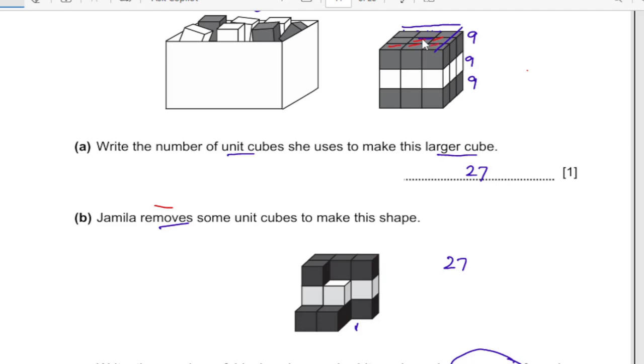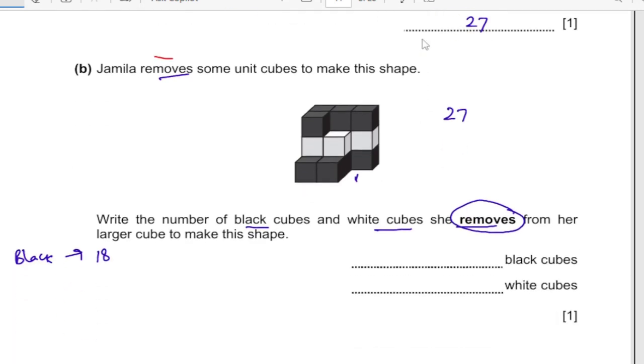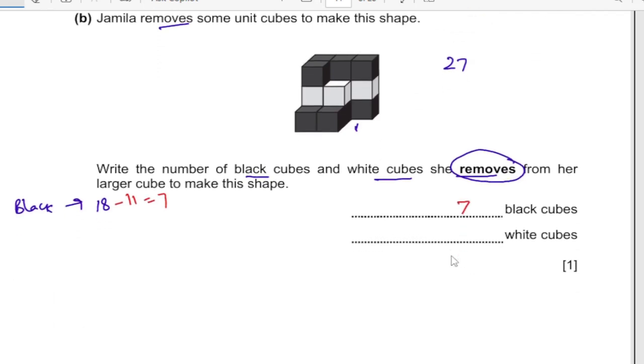And then 2 down here. 5 plus 2, 7, then we have here 8, then behind there 9, and 2 down, yeah, 11. So 18 minus 11. So she has removed 7 black cubes.